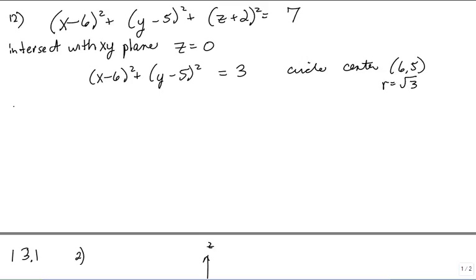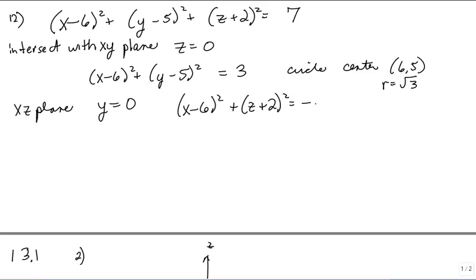If you do the intersection with the xz plane, then y equals 0. Then you get x minus 6 squared plus z plus 2 squared. If y is 0, you get 25. And then you bring the 25 on the other side, you get a negative 18. So that's impossible because this is always positive. They're both squared. And this is negative, so there's no intersection.